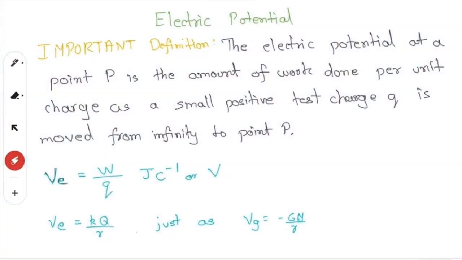Alright, so let's look at electric potential now. This is a very important definition because in IB exams they do ask for the definition of electric potential, and if they do, they expect a very precise answer. So it's best to remember this.